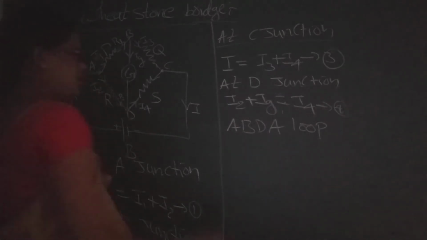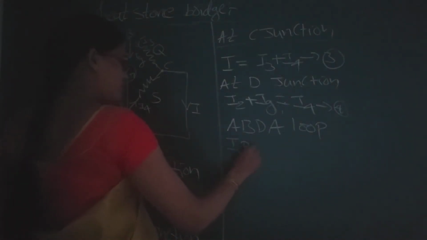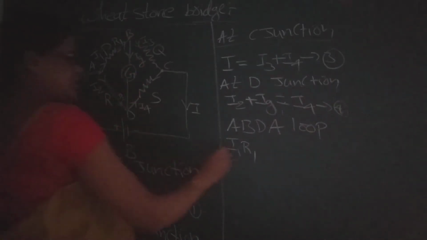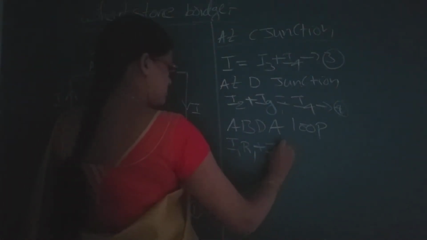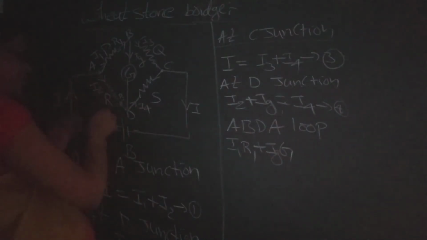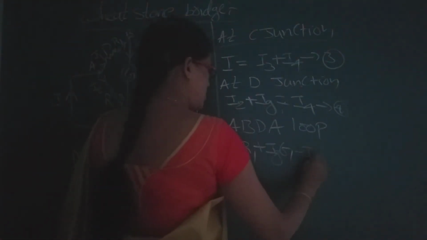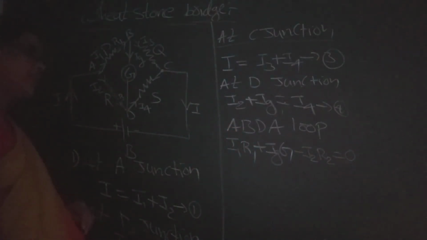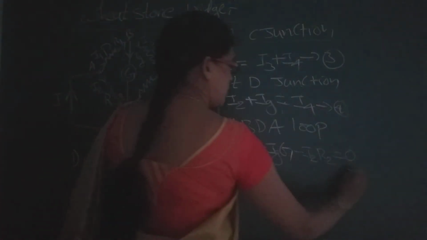From A to B, I place I1 R1, at B place Ig G. In the reverse direction, D to A, we get minus I2 R2. The net voltage will be equal to 0. Equation number 5.